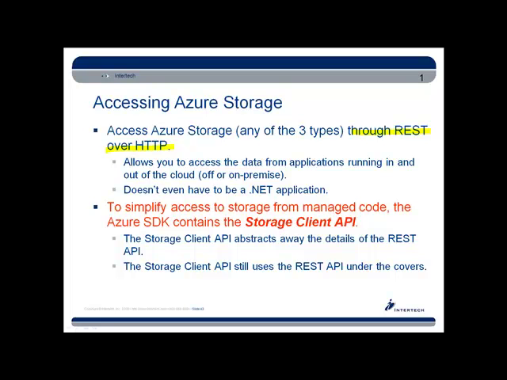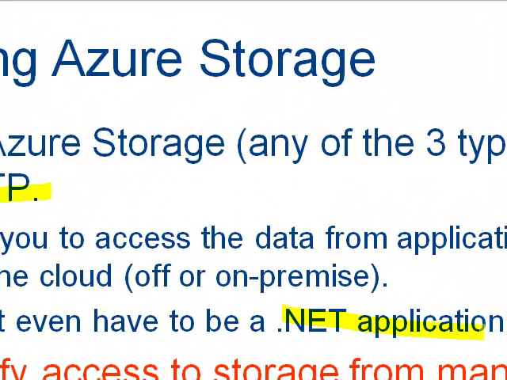For one thing, it means that applications both running inside the cloud as well as those running in your own data centers, or what we call on-premise, can access this Azure Storage the same way. So we don't have to have an application in the cloud to actually access Azure Storage. And in fact, it doesn't even need to be a .NET application. A Java application or some other form of computing code can access Azure Storage, tables, blobs, or queues, through REST over HTTP.